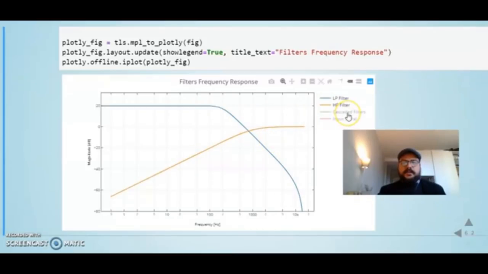So we have our high pass filter here, and now we will cascade these two filters, and we will see the resulting cascaded filter is somehow a band pass. We see that we had here 20 dB gain in the pass band of the low pass, but when it's cascaded with the roll off of minus 20 dB of the high pass, we have the resulting attenuation in this frequency region.